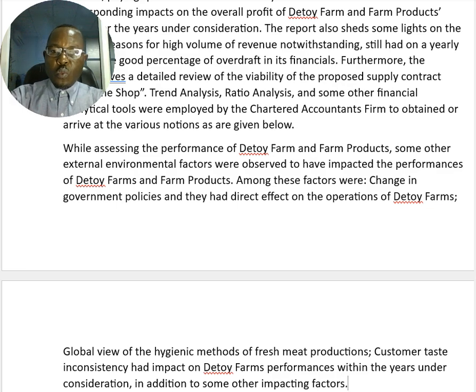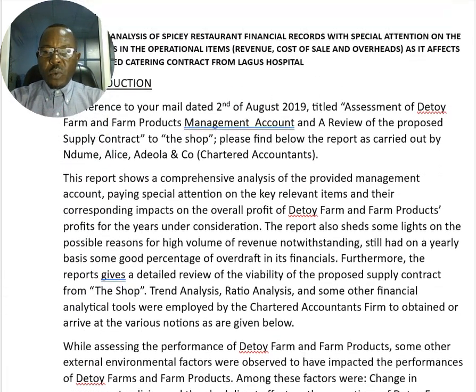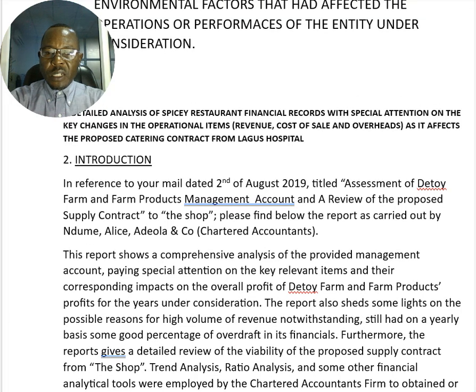All right. So with this, you can see the way I coined mine. Like I said, for example, I can decide to write my own introduction in another way. If you ask me to write this same introduction, I can write it in another form that will be different from the way this one came out, and it tells me straight away that you also should be able to do yours.